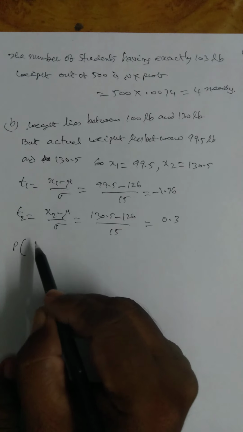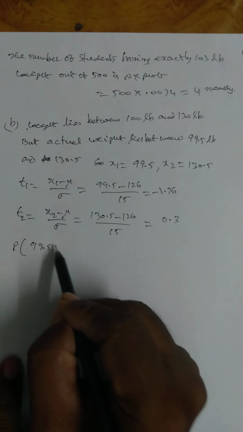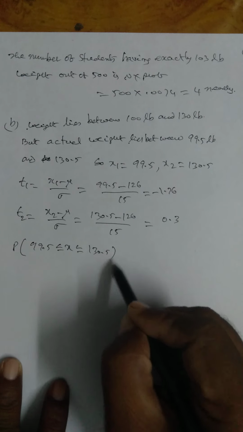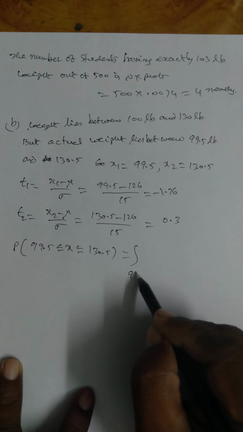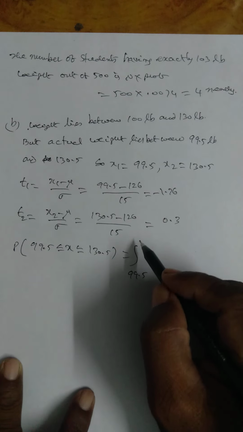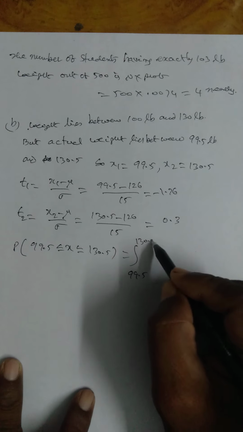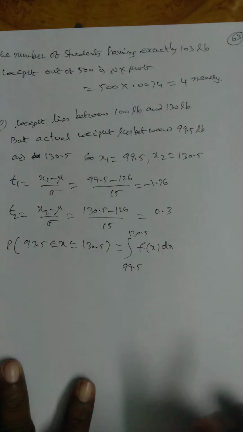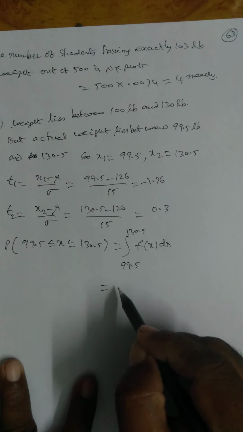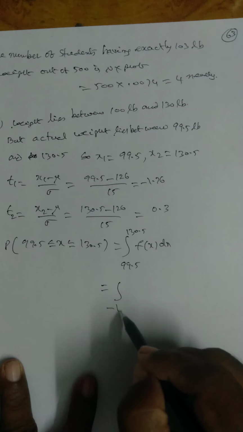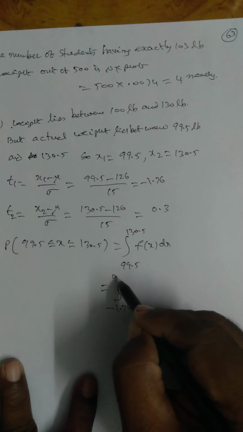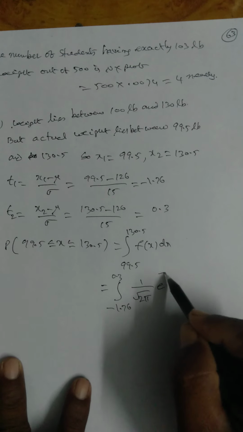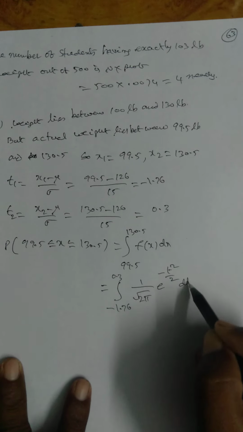Probability 99.5 less than or equal to x less than or equal to 130.5, integral 99.5 to 130.5 f of x dx is equal to integral minus 1.76 to 0.3, 1 by root 2 pi e power minus t square by 2 dt.